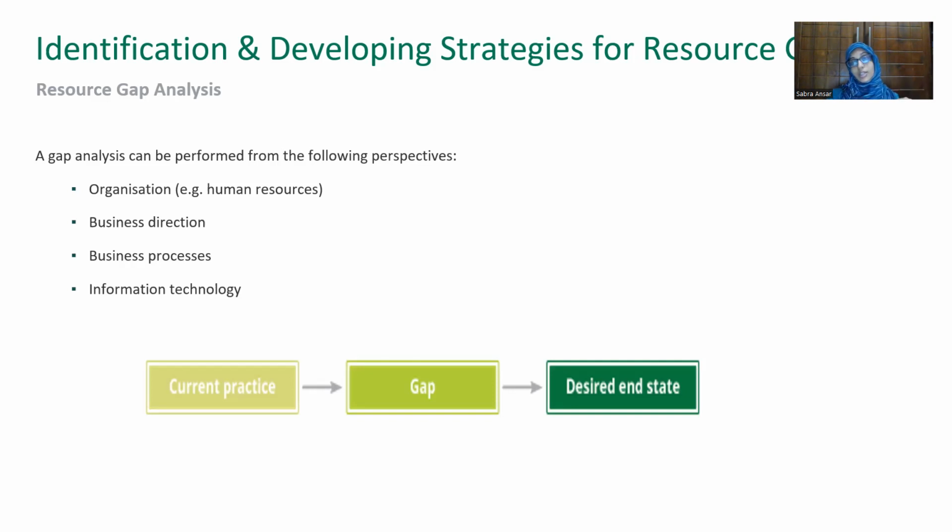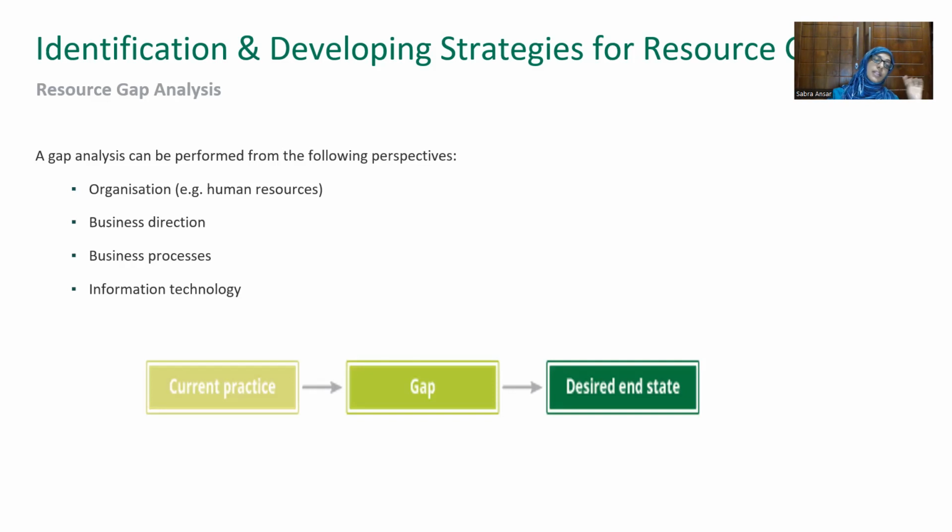How much is the desired amount, and then the gap is identified. It could also be based on business direction: what is the current direction of the organization and what is the desired state? This difference will be identified as a gap.